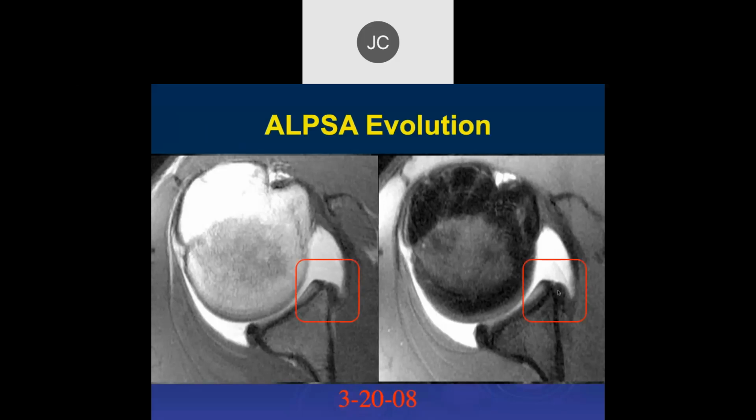Right. And this patient actually went to surgery. The surgeon found the labrum sitting in this location, freed it up, and repaired it. But I don't have any post-repair images on this particular patient. So just recognize this as a potentially displaced labral tear that might have to be freed up and repaired at the time of surgery.